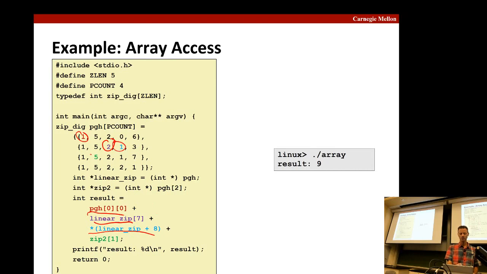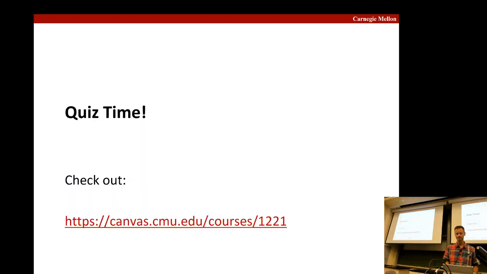So you can look at that on your own and test your understanding of how these things play together. And again, it's a mess, right? C can be very much a challenge to understand how these things work. We want you to work on your understanding so you don't get tripped up.